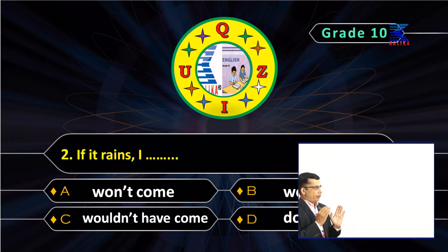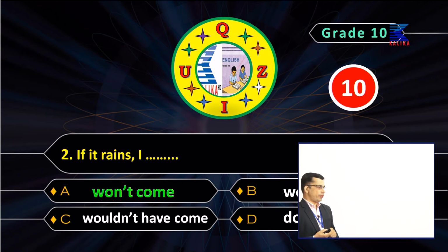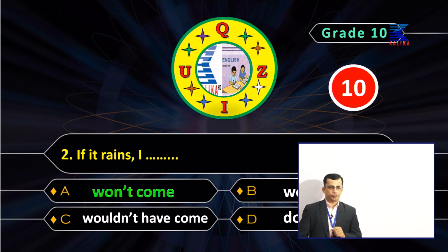So, in the if clause, if there is simple present tense, in the main clause or the consequence part, you should use shall, will, can, may, must plus verb 1, right. So, which one is the right option? Please give a try. Okay. Won't come, will plus verb 1. Okay. Yeah, that's good.